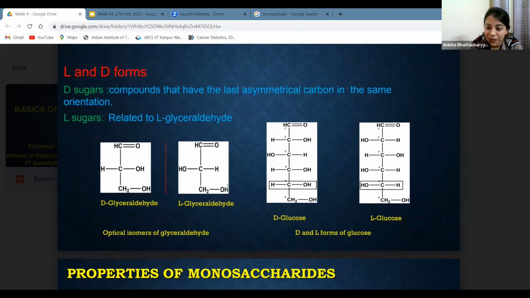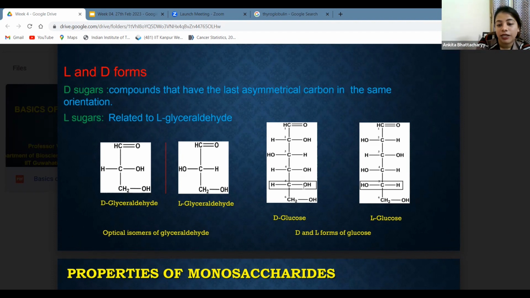So for that, let's look at some examples. Previously we also talked about L and D, but that was with respect to optical activity, denoted by small l and small d, for levorotatory and dextrorotatory. But when it is represented in capitals, that is actually a different form of classification. There you can see the last carbon and the second last.